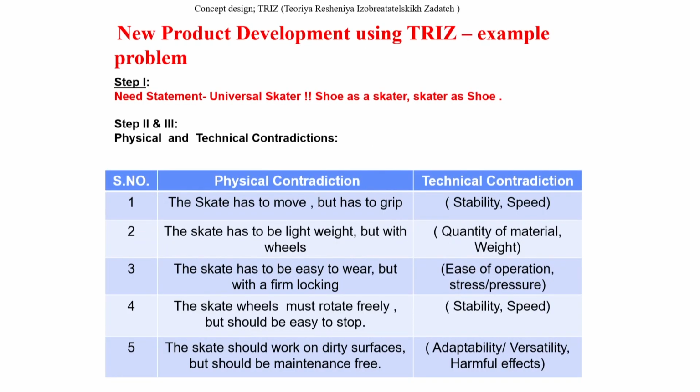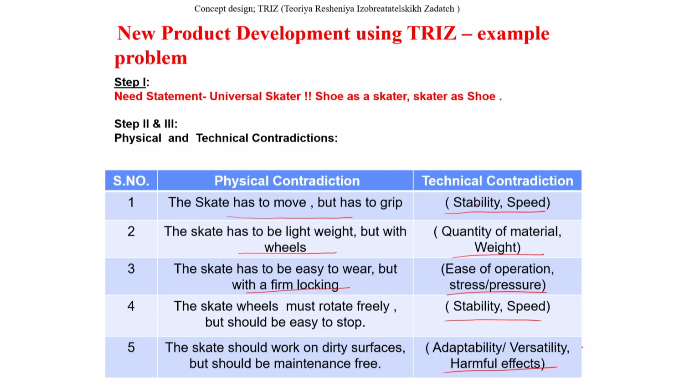Now, another problem that we have given to students is a universal skater, that is, where you can use the shoe as a skater or the skater as a shoe. So, again they first figured out the physical contradictions, what the different contradictions that can come are, and the corresponding technical contradictions, each one of them. They figured out these 5 technical contradictions.